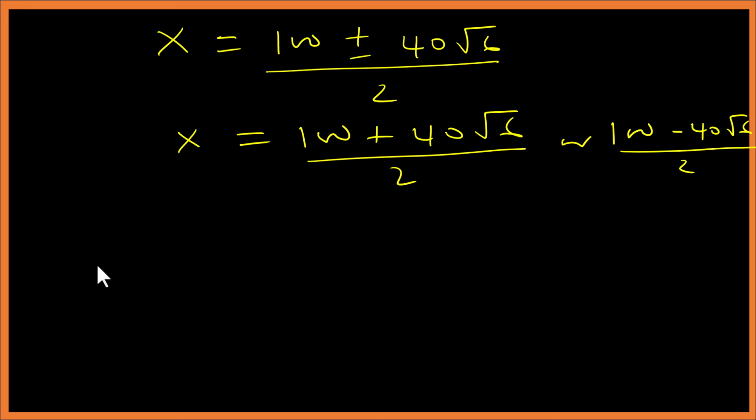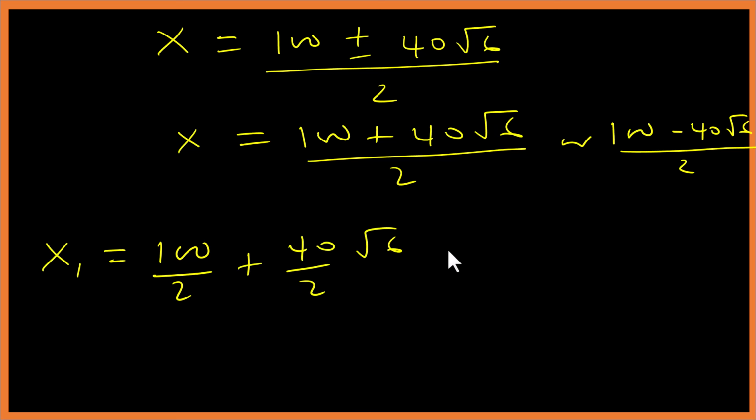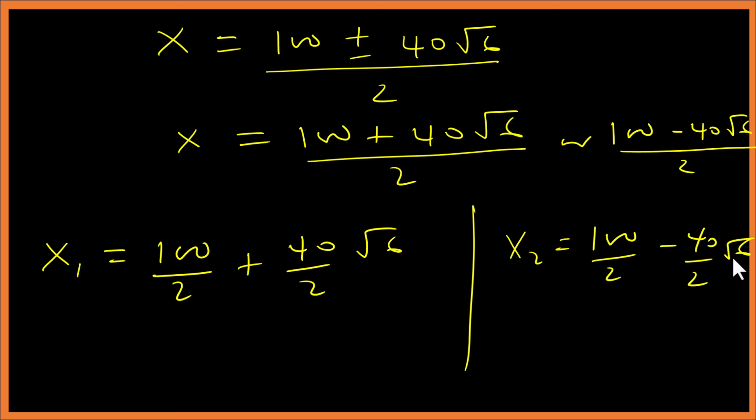So this side will be x1, 100 on 2 plus 40 on 2 with 6, or x2, 100 on 2 minus 40 on 2 with 6.